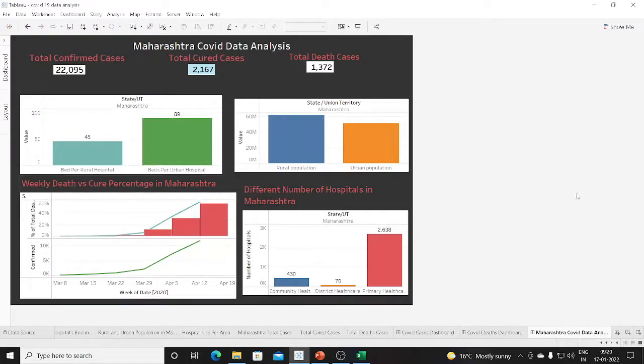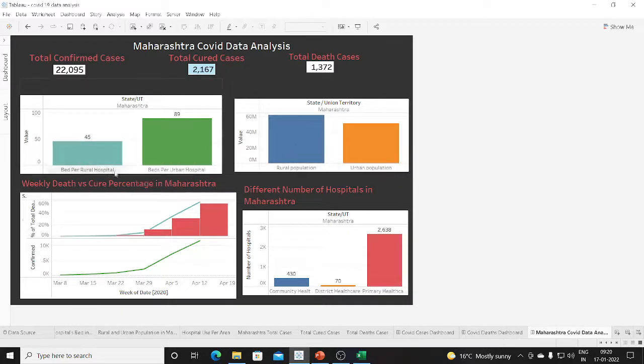Okay, now here I show the different numbers of hospitals in Maharashtra. You can see there are 43 community hospitals, 70 district healthcare hospitals, and 2638 primary healthcare hospitals. So it might be possible that people are not going much.